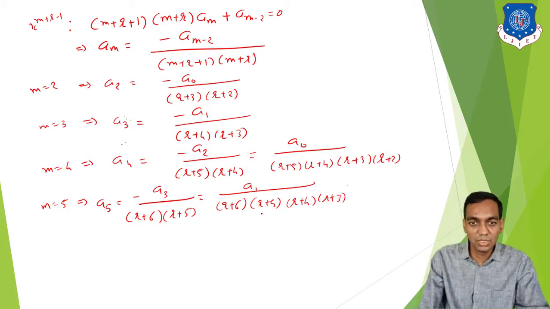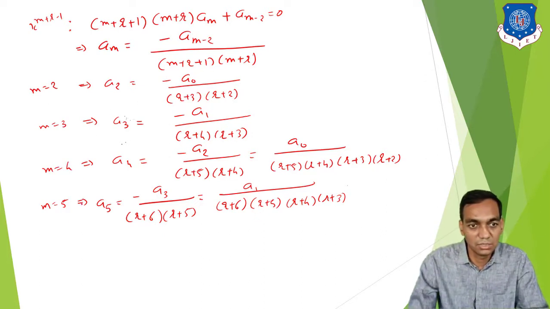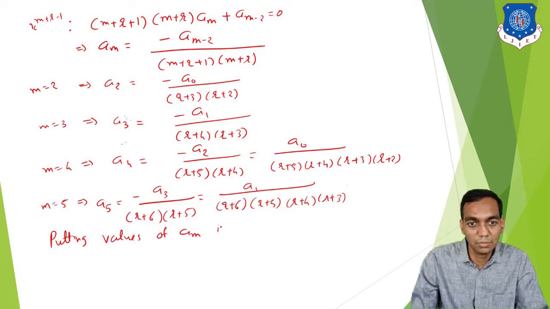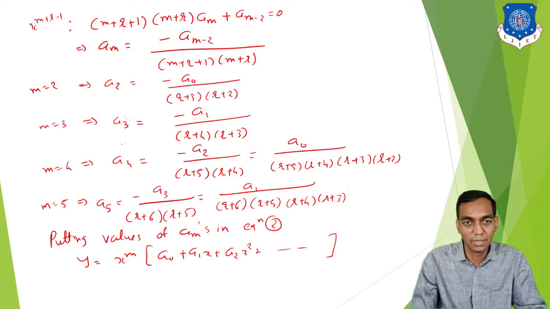We are going to put these values in the series. So putting the values of am in equation 2, y = x^r (a0 + a1 x + a2 x^2 and so on).